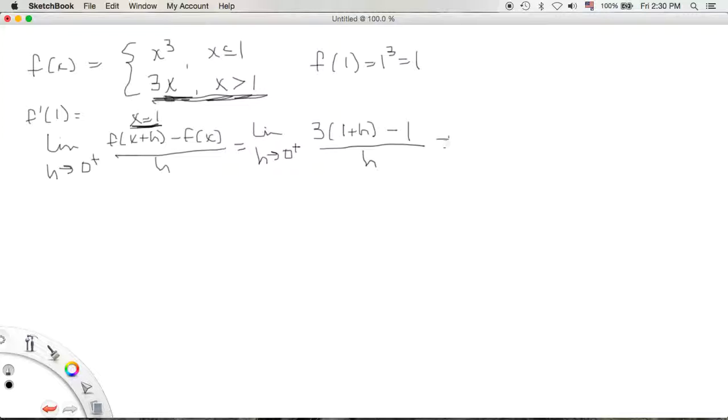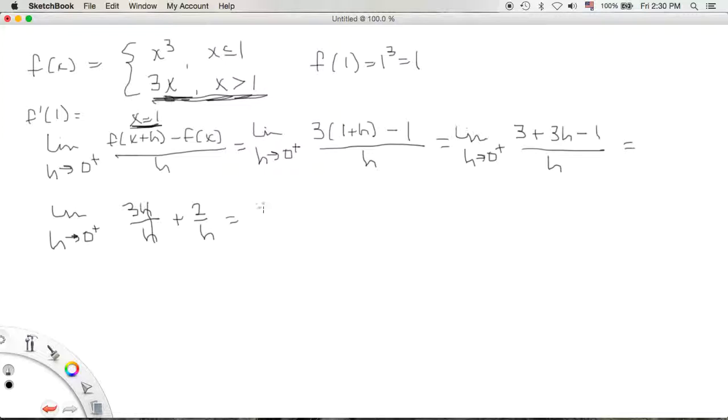So we have this limit that we need to calculate of 3 plus 3h minus 1 all over h. And we can simplify that. We get the limit as h goes to 0 on the right of 3h over h plus 2 over h. So those h's cancel.